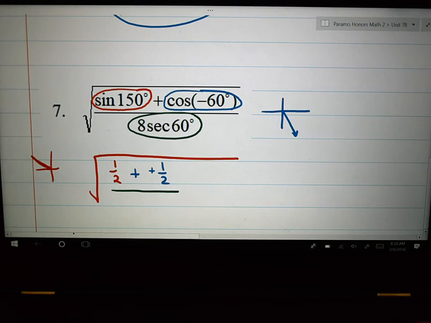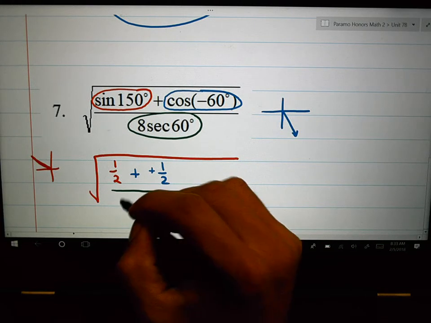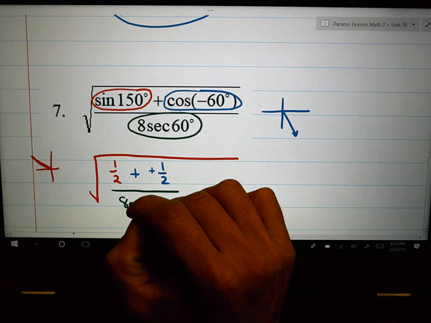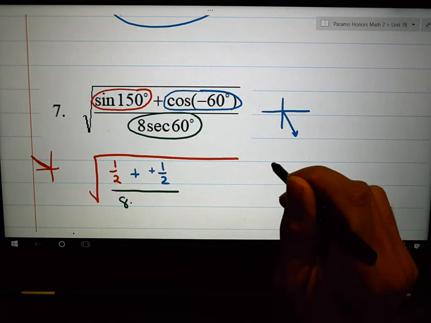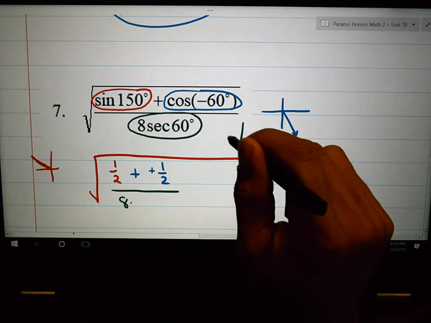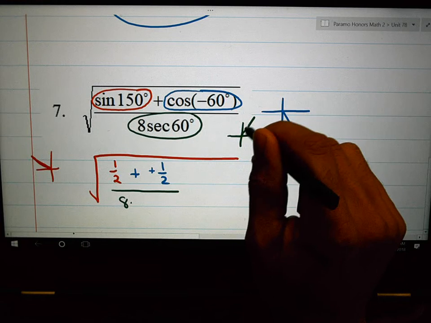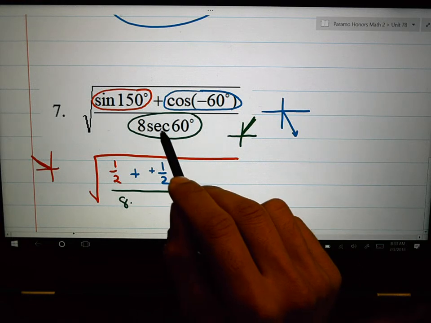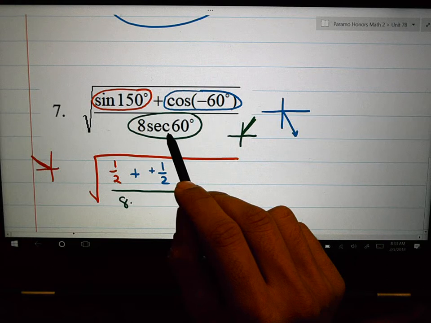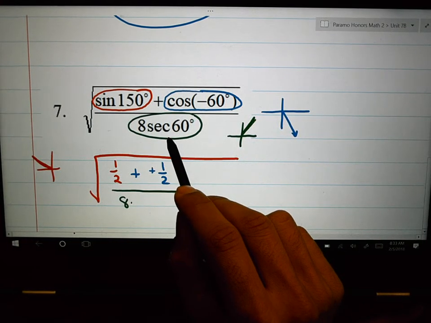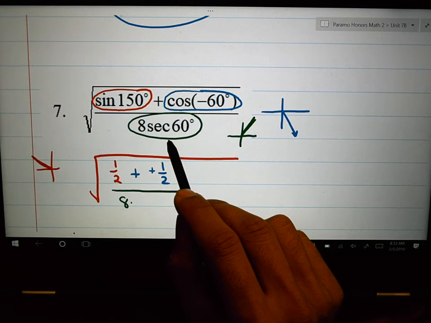Then I go down to the denominator and I have this 8 that is multiplying the secant of 60 degrees. So when I'm thinking of the secant, I'll do this one here in green. Here's 60 degrees. Secant is the cousin to which one? I hope you know. Cosine. Good.